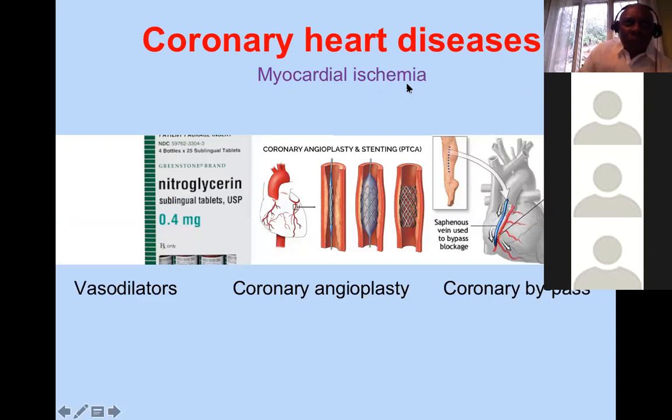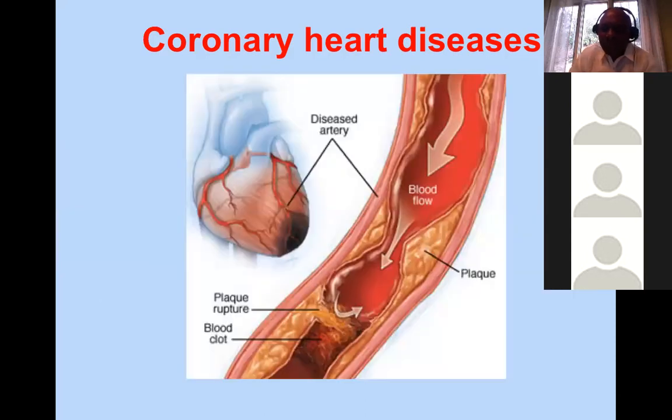So in other words, if you hear somebody, either an auntie or an uncle or grandma or grandpa, or even your parents, complaining about chest pains regularly, of course, like I said, there are many things that can cause chest pain, but one of the common things is myocardial ischemia because of the plaque, okay?